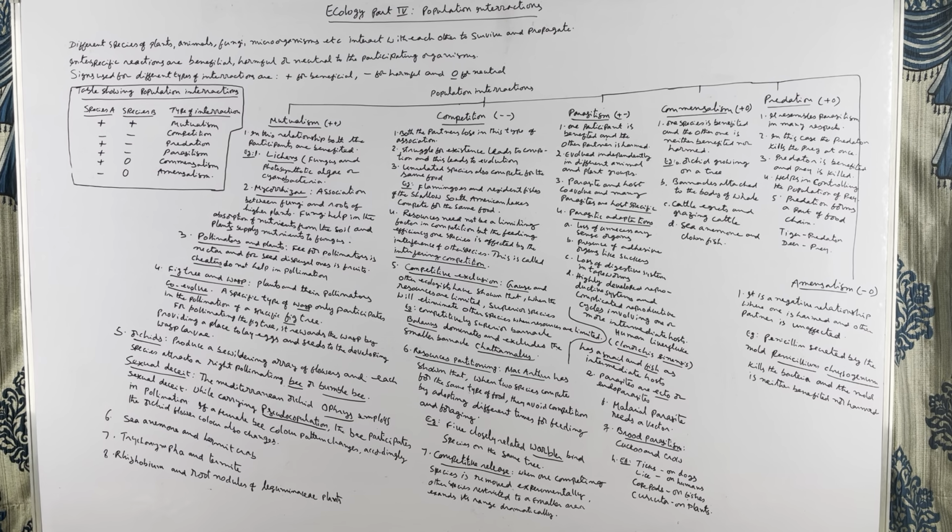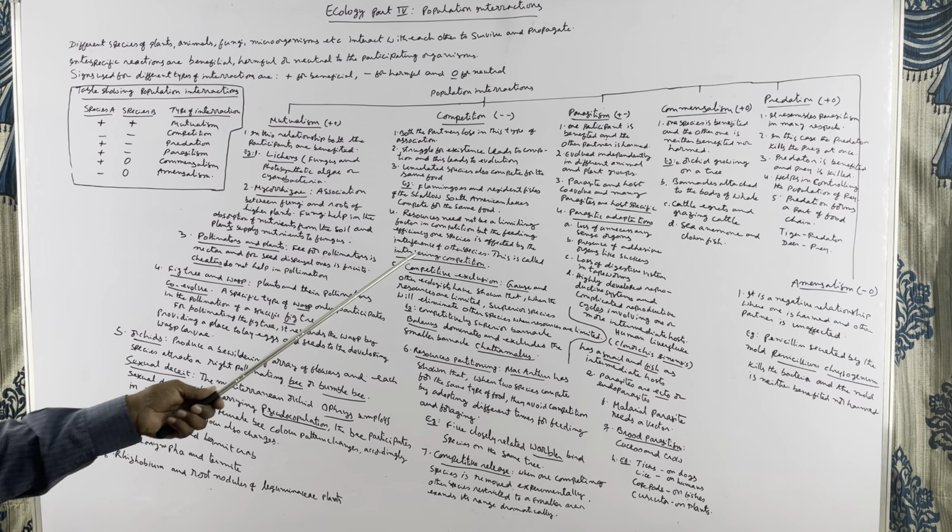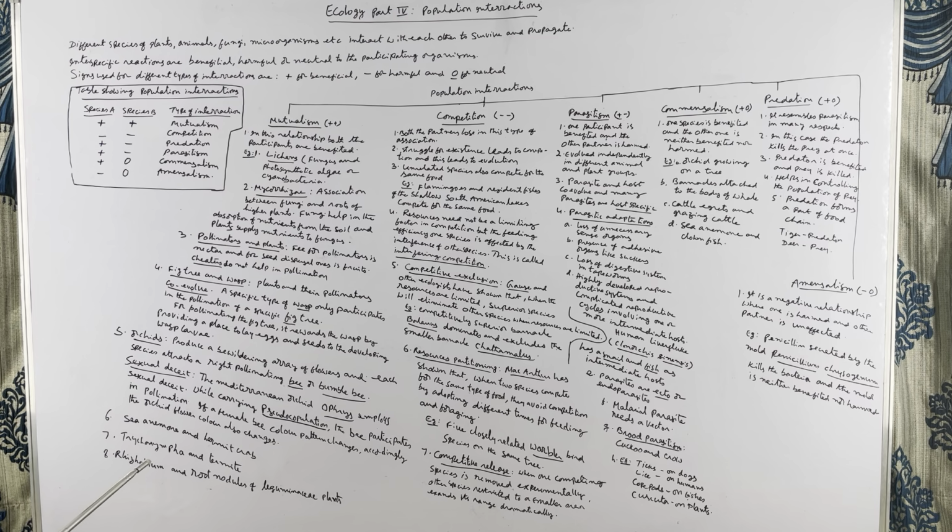Then, according to one version, resources need not be a limiting factor in the competition, but feeding efficiency is important. If one species is more efficient in its feeding habits than the other species, it is called interfering competition. In this association, the species with superior feeding adaptations will survive and the other one is eliminated.